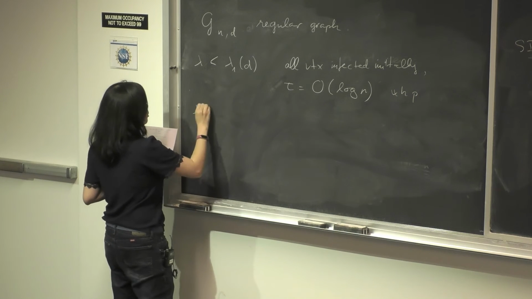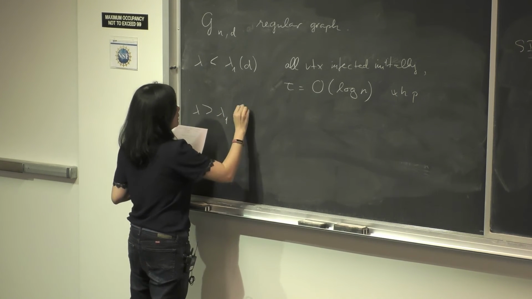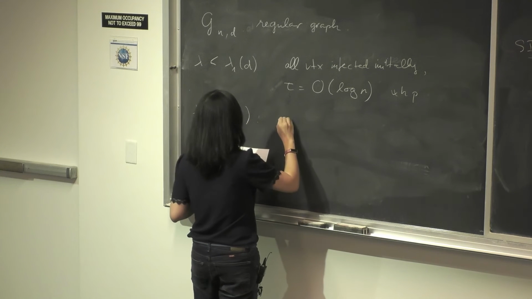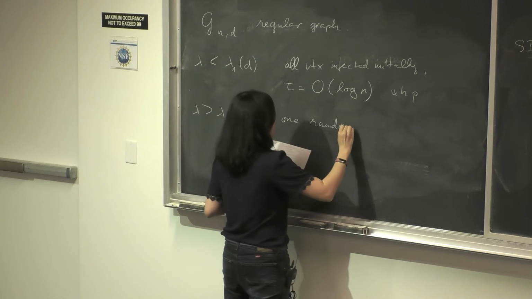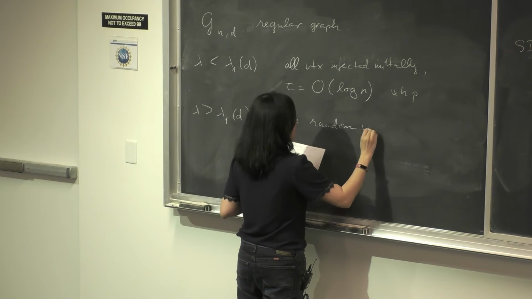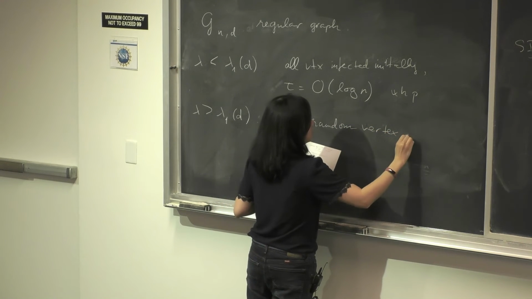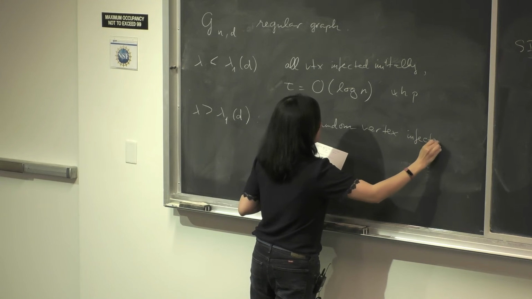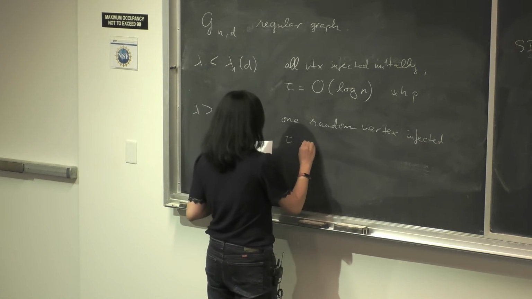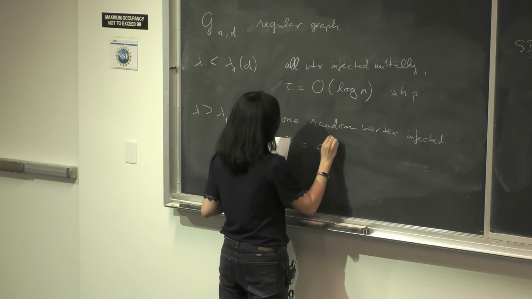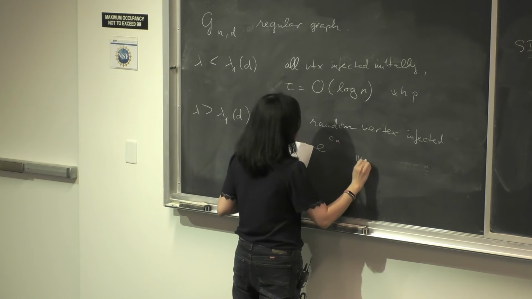And if lambda is larger than lambda 1 of d, even if you have one random vertex infected initially, tau is e to the Cn with positive probability.